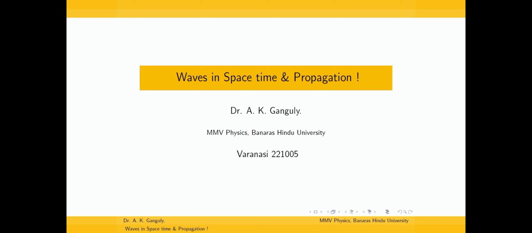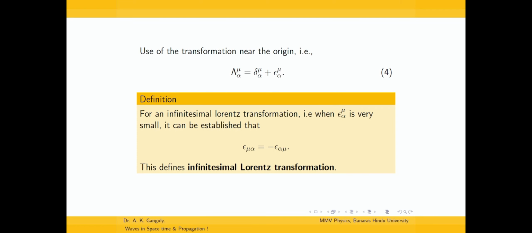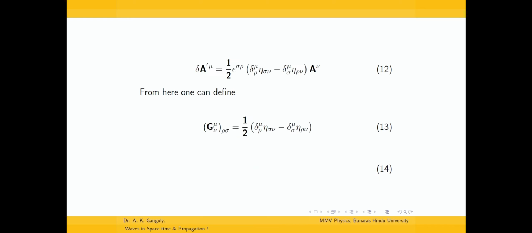So, this is the fifth lecture of module 1 of waves in spacetime and propagation. What we had done so far was to find out what is an infinitesimal Lorentz transformation, and then in terms of this infinitesimal Lorentz transformation, how do you define the change in a particular vector under Lorentz transformation in terms of something which is essentially a matrix defined by capital G. Okay?